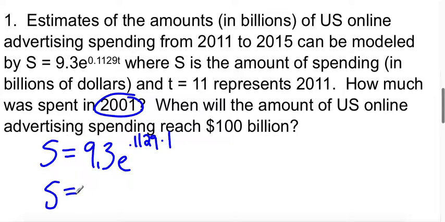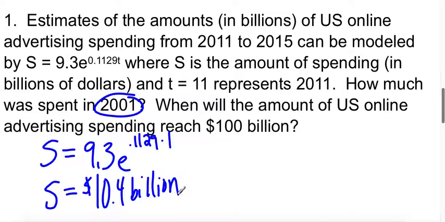We'll plug that into the calculator and hope that our calculator tells us lovely things. 9.3 e to the 0.1129. And it looks like we have 10.4. So this is 10.4 billion. Sounds pretty easy.